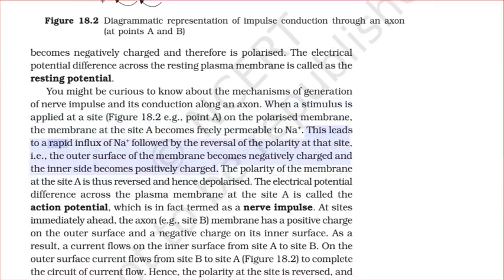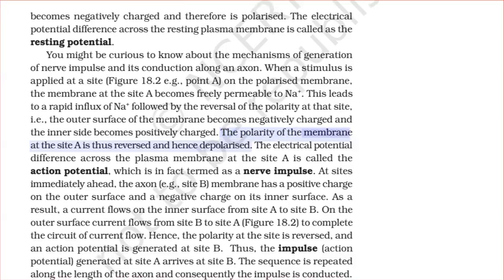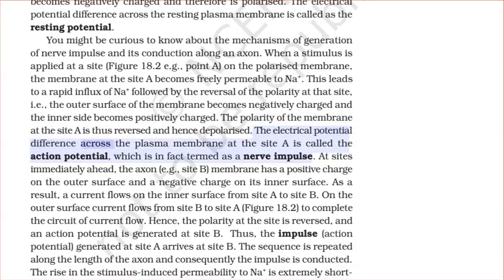This leads to a rapid influx of Na+, followed by the reversal of the polarity at that site, that is, the outer surface of the membrane becomes negatively charged and the inner side becomes positively charged. The polarity of the membrane at site A is thus reversed and hence depolarized. The electrical potential difference across the plasma membrane at site A is called the action potential, which is in fact termed a nerve impulse.